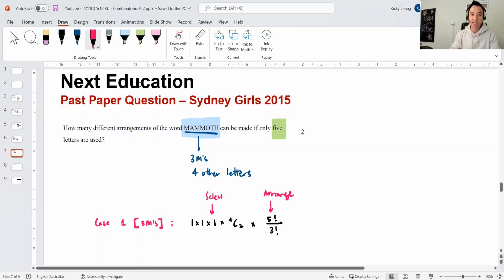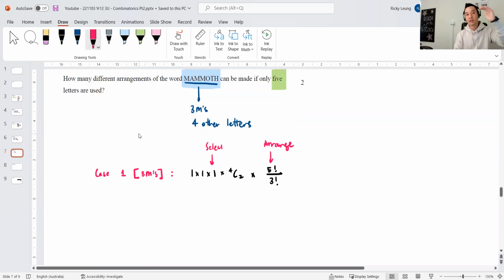Let's consider the second case. So obviously the cases are differentiated by the number of repeats, because it changes the arrangement, since the number of repeats is on the denominator, but it also changes the number of M's I select and the number of other letters I have. So let's go case number 2. 2 M's.